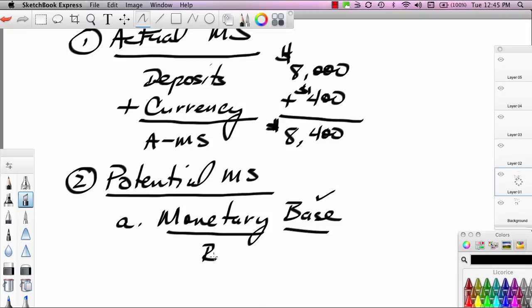If you take the reserves that banks are holding, now reserves can be excess and required, and the assets that can be held as reserves can be vault cash. Any cash that's in the vault is a reserve. By the way, reserves are not part of the money supply. Reserves are part of the monetary base, but they're not part of M1 and M2.